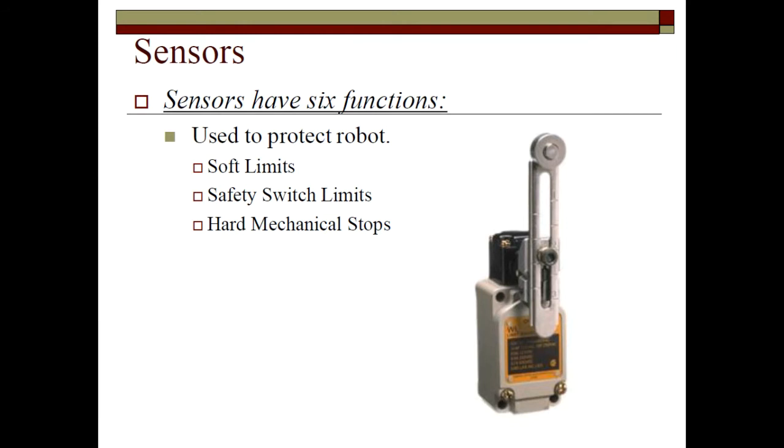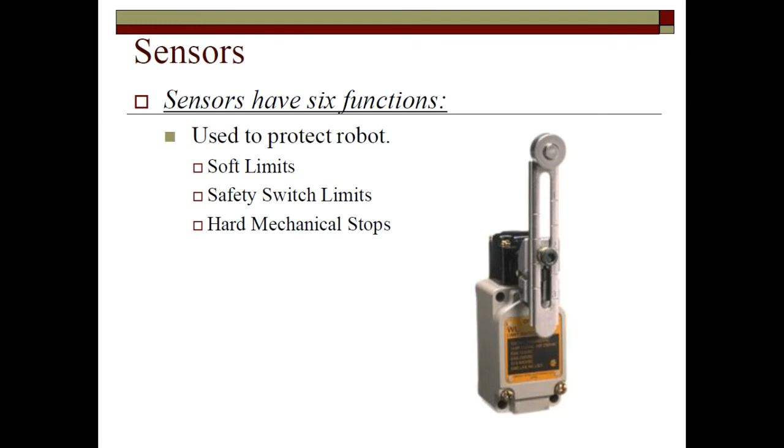Okay. All right, the second function is to protect the robot. One of the things that we do to protect the robot is to keep it from going into an area that it's not allowed, because there's something in the way that it may either damage the robot or damage something else within the work cell. Now, the first method that we have in the robot to prevent it from going beyond a certain range is something called a soft limit or an access limit.